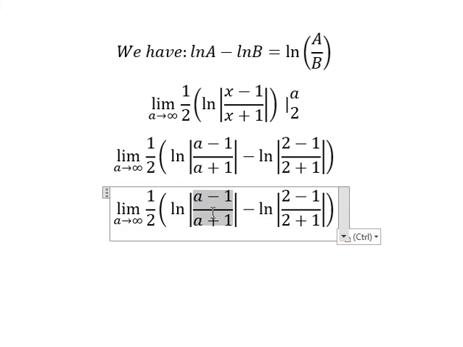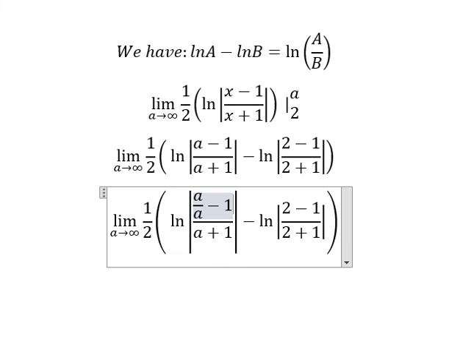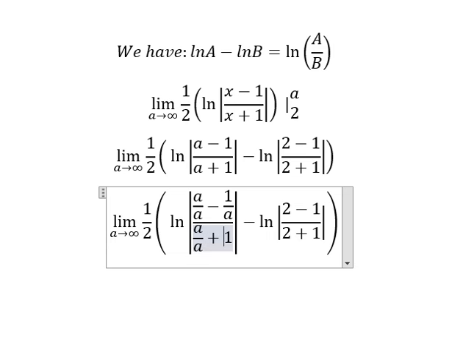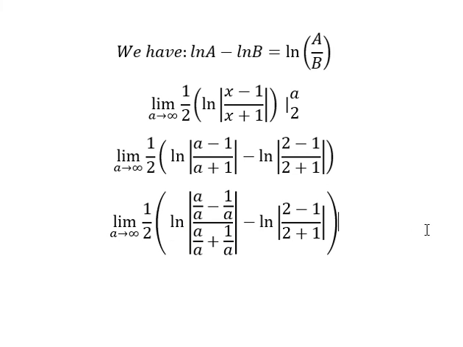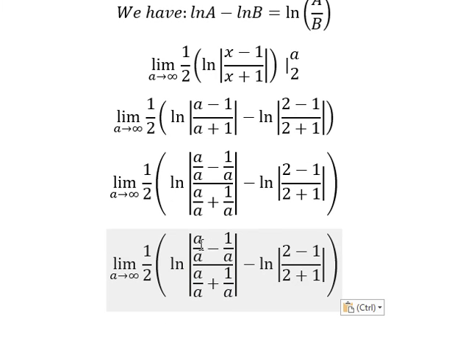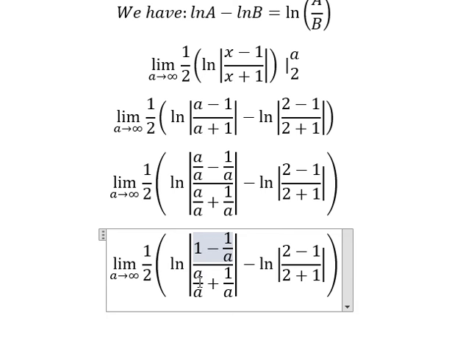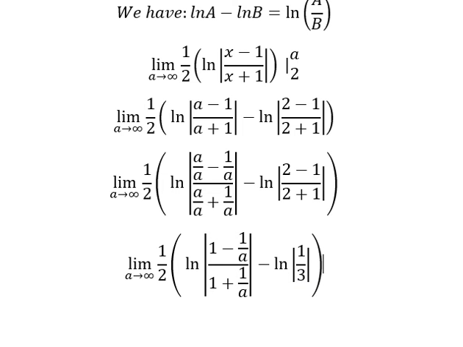So for this one, we divide by a on numerator and denominator. So this one we have number 1, this one we have number 1, 2 minus 1 we have number 1, 2 plus 1 we have number 3.